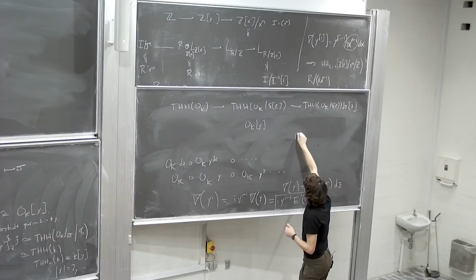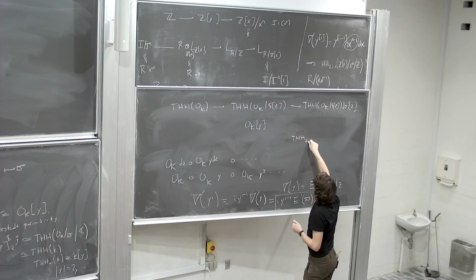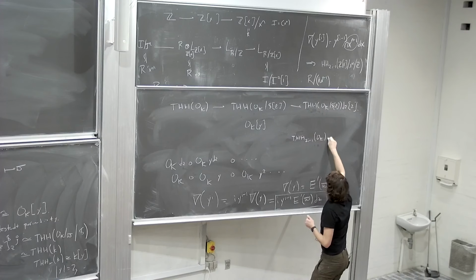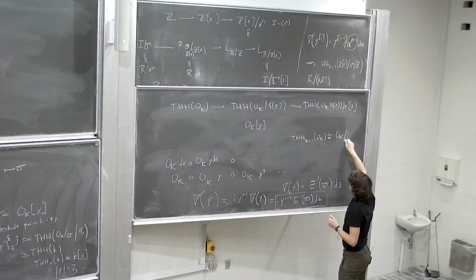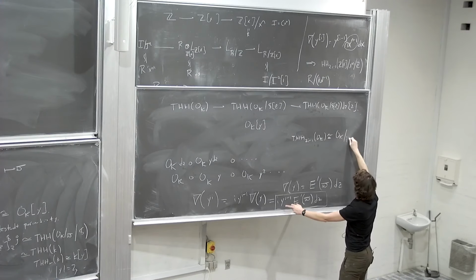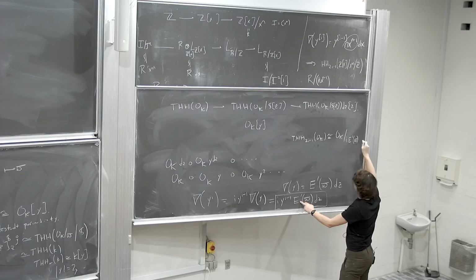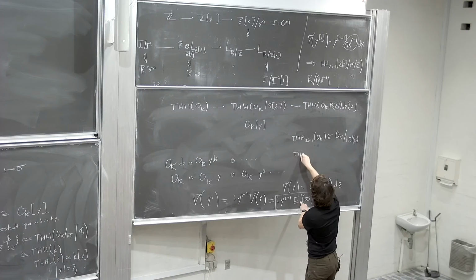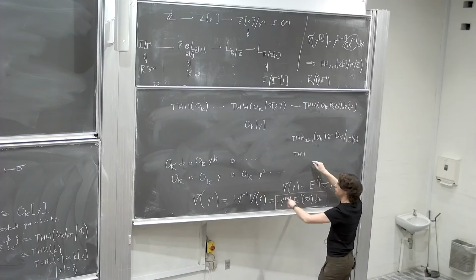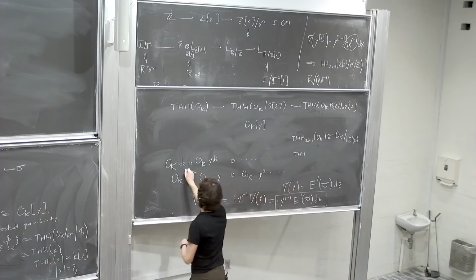And so THH 2i minus 1 of O_K is isomorphic to O_K modulo i times this derivative of the Eisenstein polynomial evaluated at the uniformizer. And the even groups are 0 because these differentials are all injective, sorry.